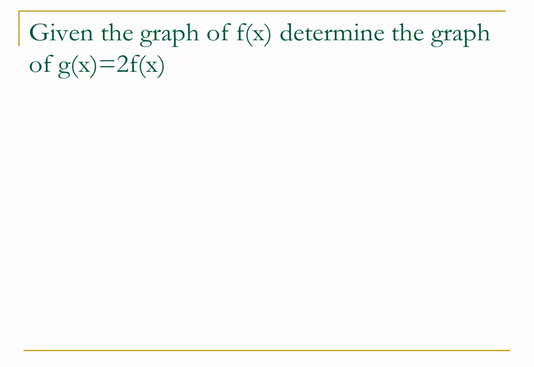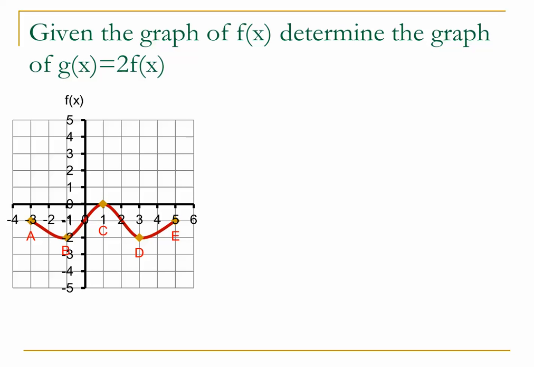Next we have a graph of g of x equals 2 times f of x. So now we have a multiplier. So the multiplier tells me that I'm either dealing with a stretch or a shrink. And again, it matters the value of that multiplier, which in this case is a 2. 2 is bigger than 1.